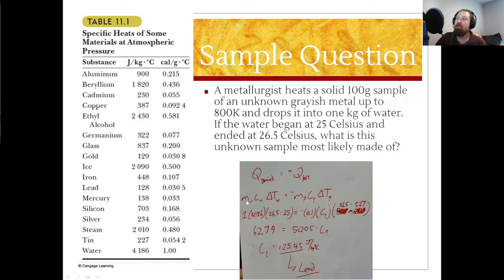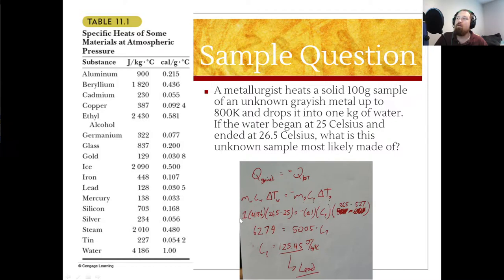So on the water side, we've got the mass of water, the specific heat of water, and the temperature change of the water. On the right side, since the metal sample is going to be losing thermal energy, we have put all of the metal data there: mass of the metal, the unknown specific heat of the metal, and the temperature change of the metal. Out of all of this, the only thing we don't know is the specific heat of the metal. So we don't have to look anything else up. We're good to keep moving forward to solve for the specific heat of our unknown metal.